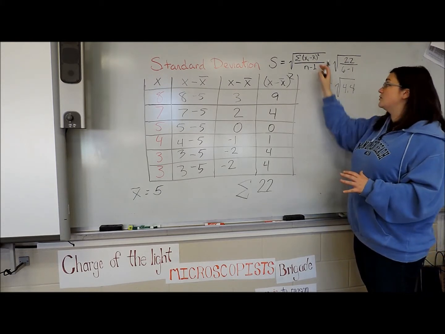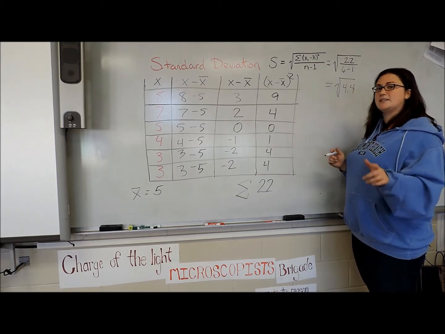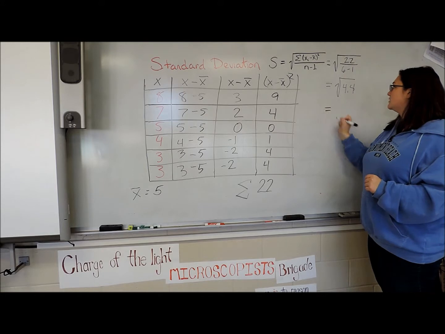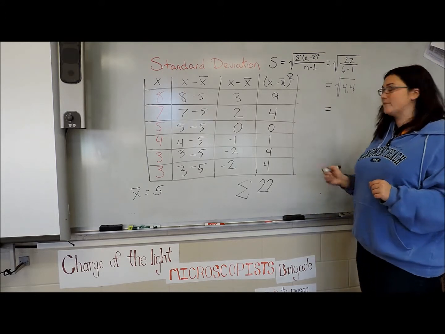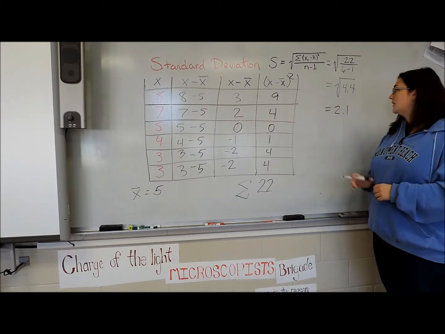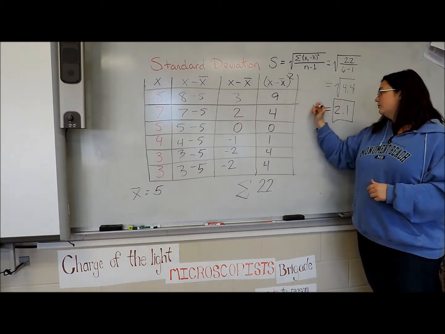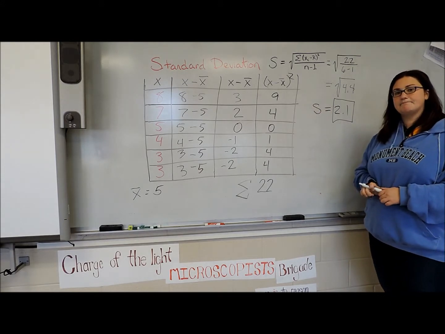You want to make sure that you do everything inside the square root sign first, and then lastly take your square root. So when we take the square root of 4.4, we get 2.1. 2.1 is going to be our standard deviation. It's going to be our value for S.